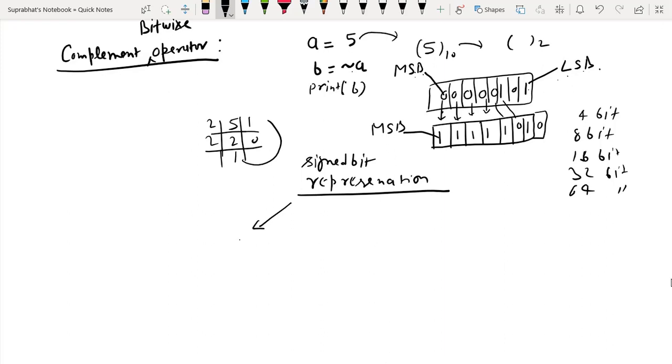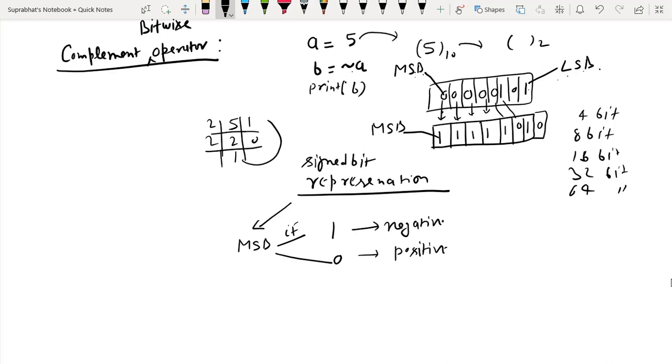It depends on MSB. If the MSB value is 1, it means the number is negative, and if the MSB value is 0, it means the number is positive.